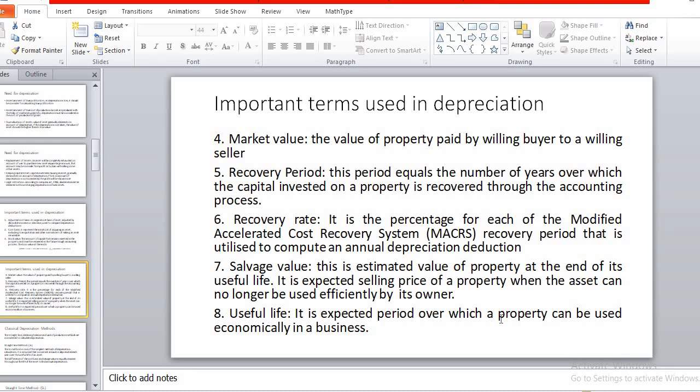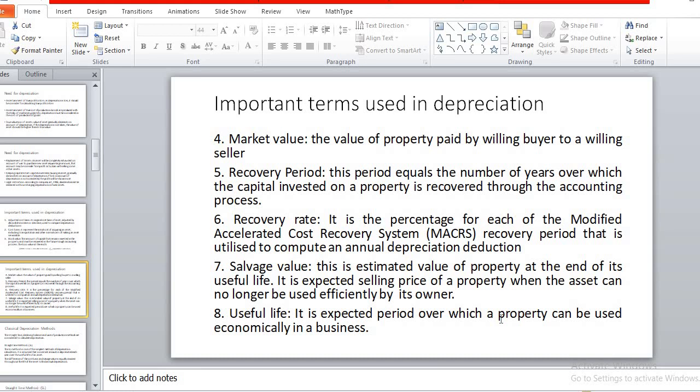Now the fourth one is the market value. This is the value of property that is paid by a willing buyer to a willing seller, where both buyer and seller don't have any force to buy or sell that particular property.